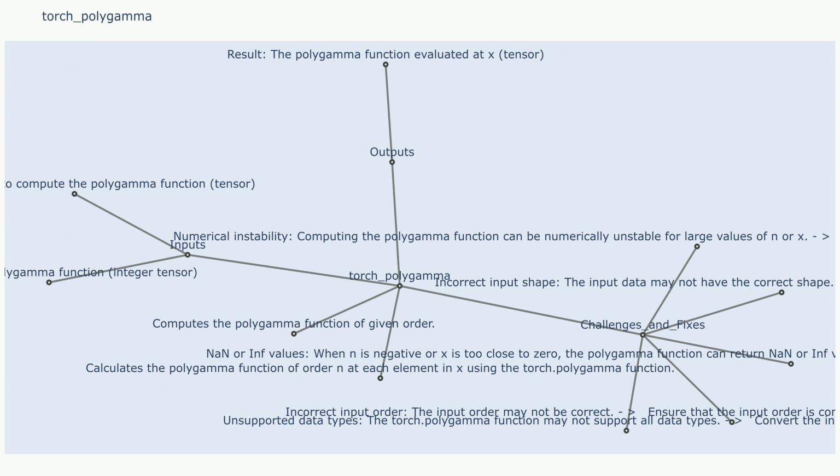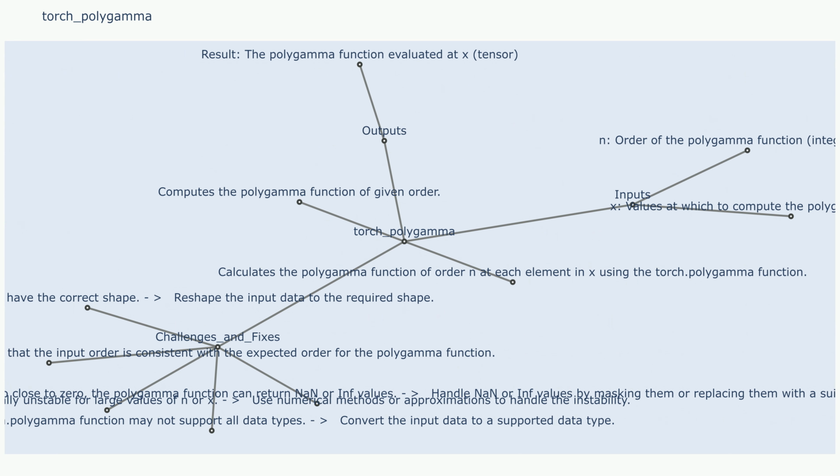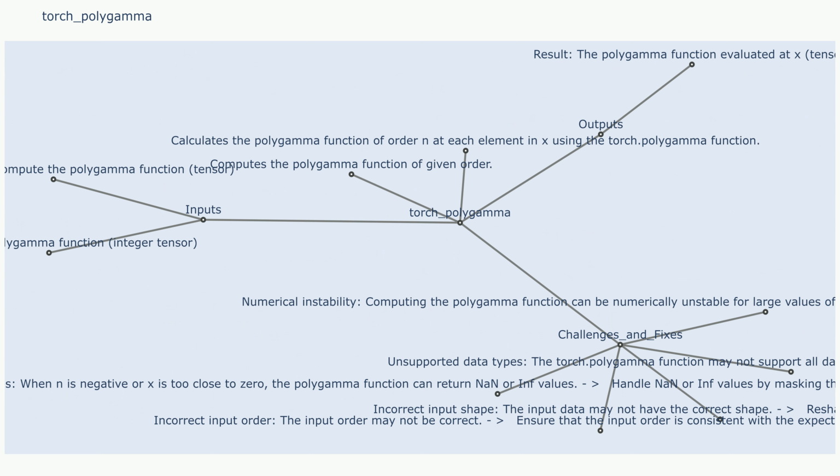Outputs. A tensor of the same size as x containing the values of the polygamma function evaluated at each element of x. Steps. The function first calculates the digamma function at each element of x using the torch.digamma function. Then, it takes the nth derivative of the digamma function using a numerical differentiation method.